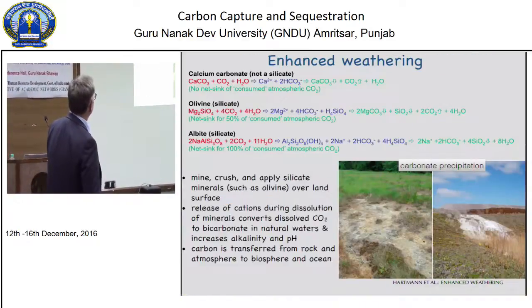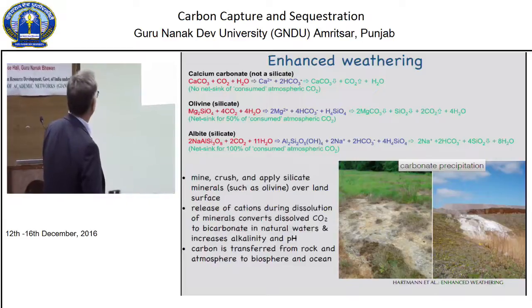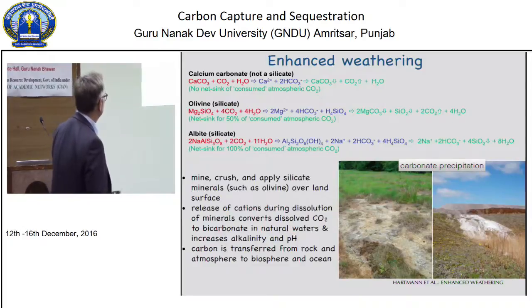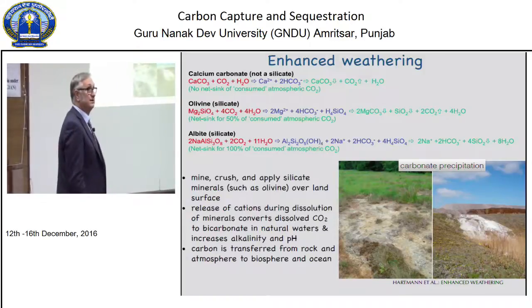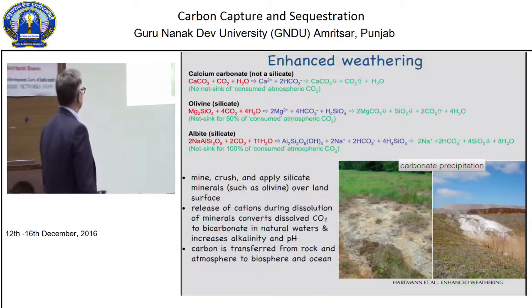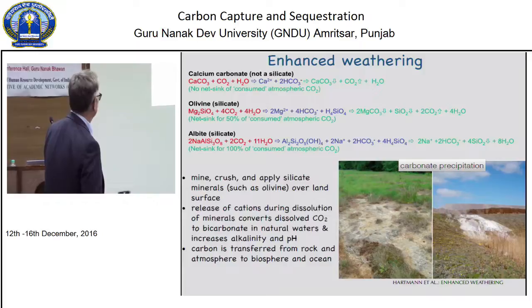So enhanced weathering, let's take a look at the reactions you might imagine. Calcium carbonate, turns out in the long run it doesn't capture carbon. The olivines, like silicates, and these silicates have a net chemistry which winds up removing atmospheric CO2. So the idea is to start with silicate rocks, spread them on the ground, and have them capture CO2 and form these products.